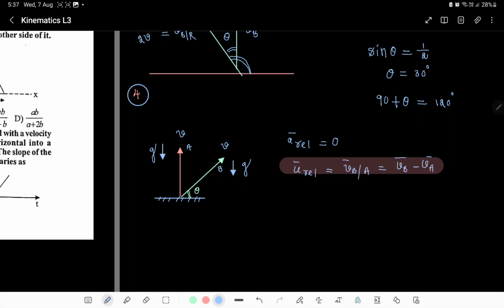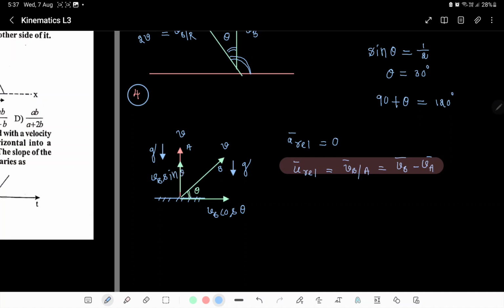Now listen. If you split this VB into components, there is one component along X and one along Y. The component along X will be VB cos theta, and along Y it will be VB sin theta, or V cos theta and V sin theta, because you know the velocity.